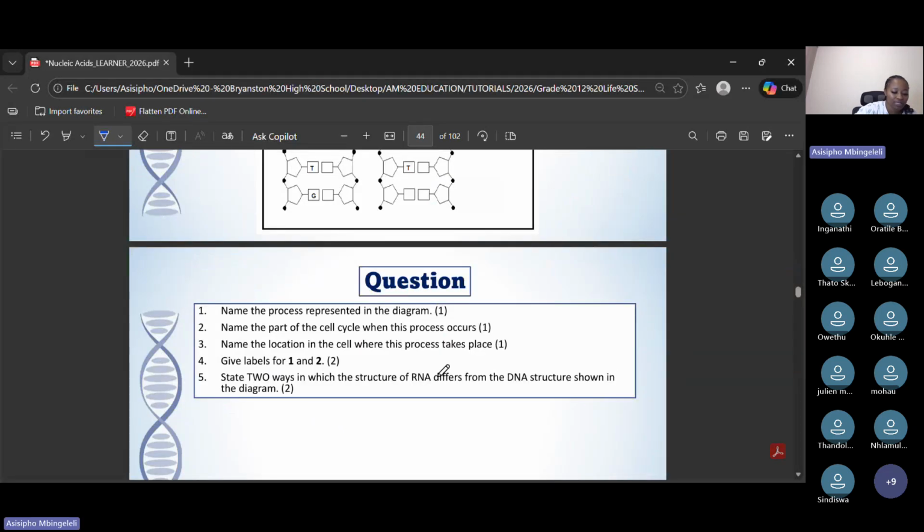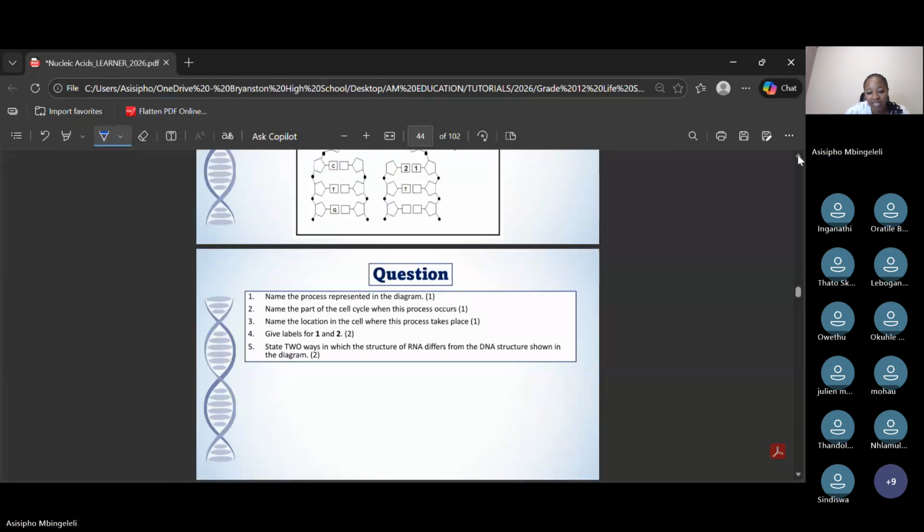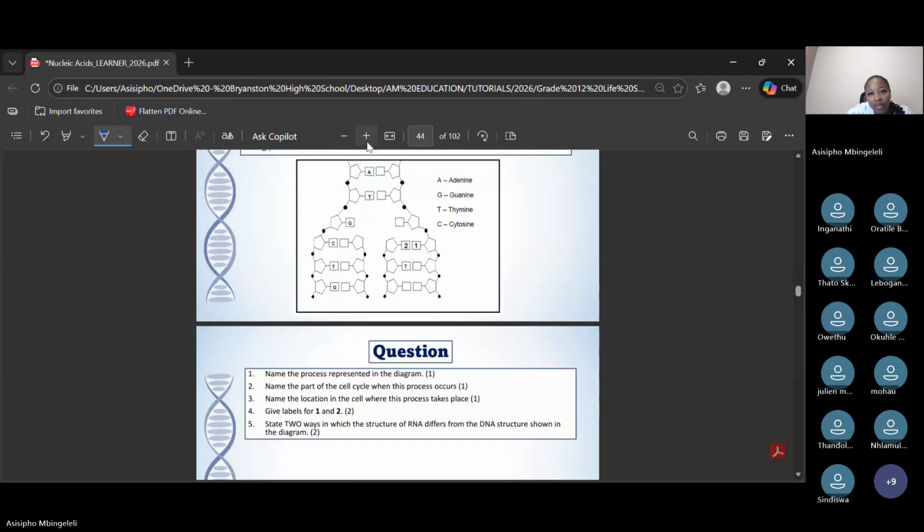Okay. Just give me a second. This is November 8th. Okay. I'm not sure if I zoom out a little bit, if it will be better. I think that's better. Take it up a little bit.